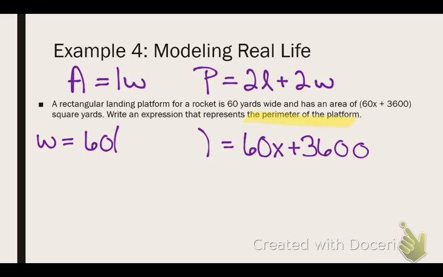Go ahead and just write it on your papers. 60 times what gives me 60x? 1x. 60 times what gives me 3,600? 60. So now I can establish that the width is 60, and what is my length? 1x plus 60. X plus 60.